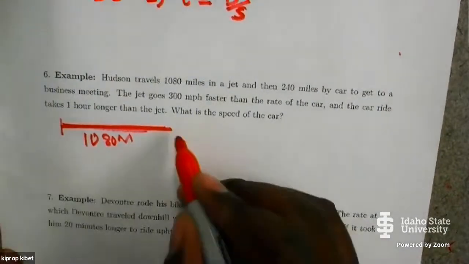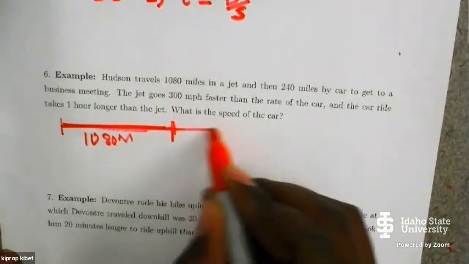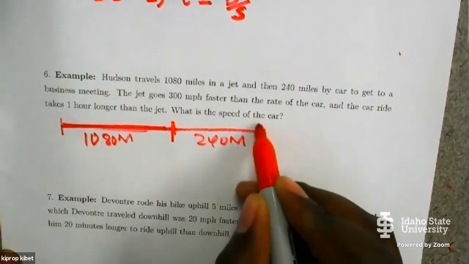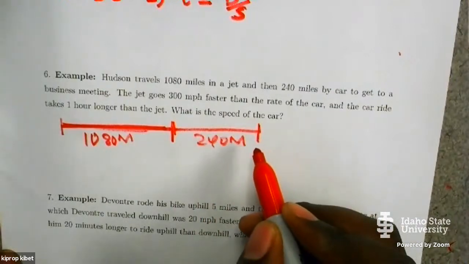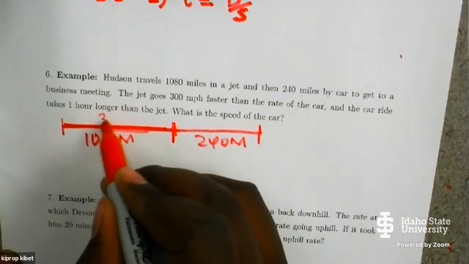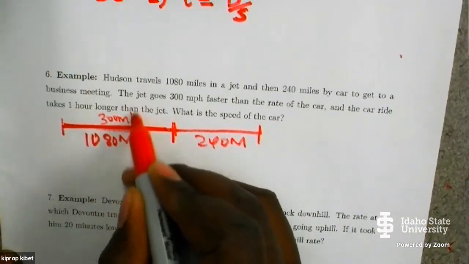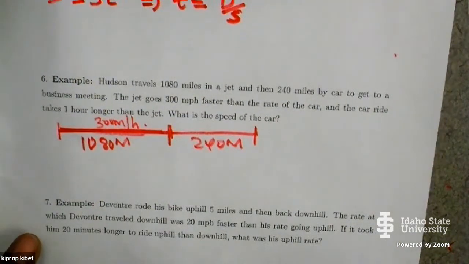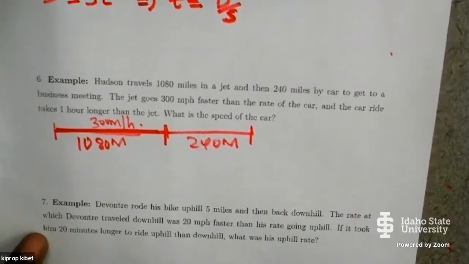The jet goes 300 miles per hour faster than the rate of the car.